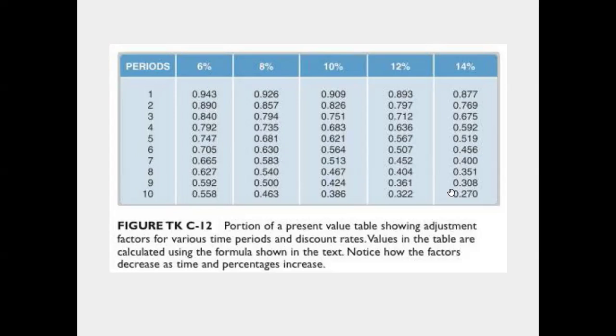With these percentage values and the years given, let me take one value and explain what it means. If we start with the very first value, this value means that if you want to get $1 at 6%, this is how much you should invest today.